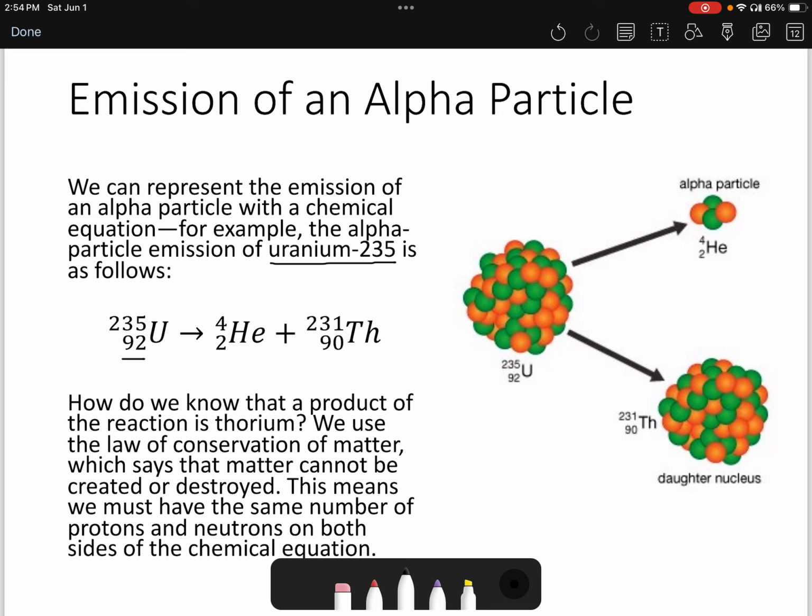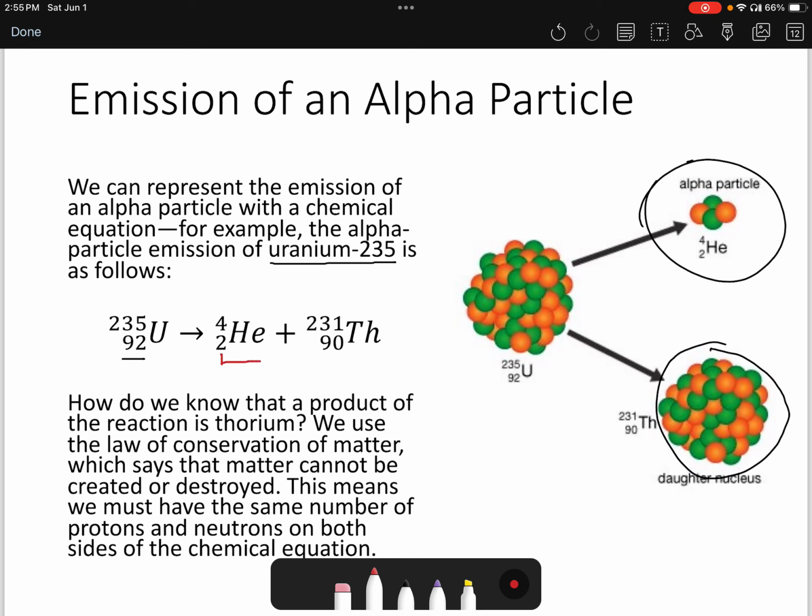Now, when an alpha particle is emitted from uranium, we're going to lose 2 protons and 2 neutrons. And then whatever's left over will have 2 fewer protons and 2 fewer neutrons than uranium. So notice that everything is adding up on both sides.